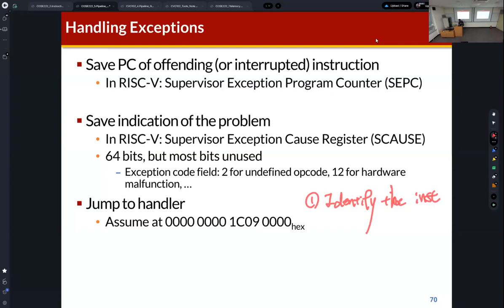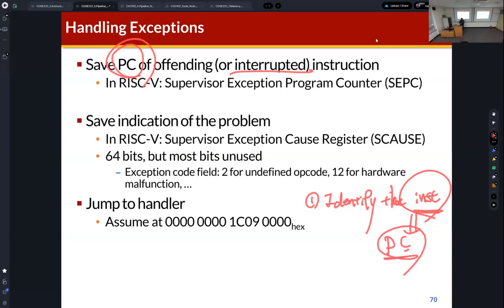Then how can we identify an instruction? We can identify an instruction using the program counter, which is the address of an instruction. So if an exception is detected by hardware, the processor needs to store the PC of the instruction that causes an exception, or interruption.